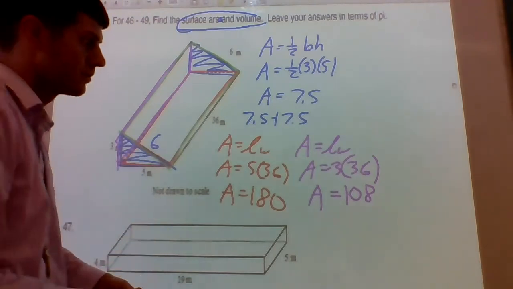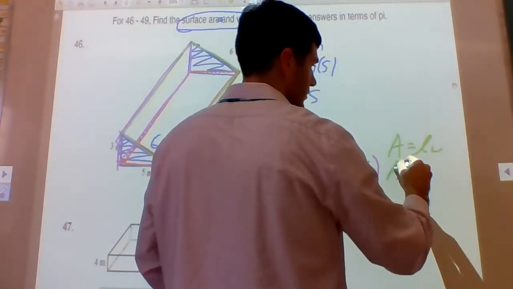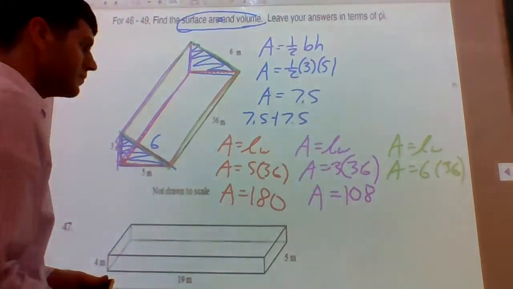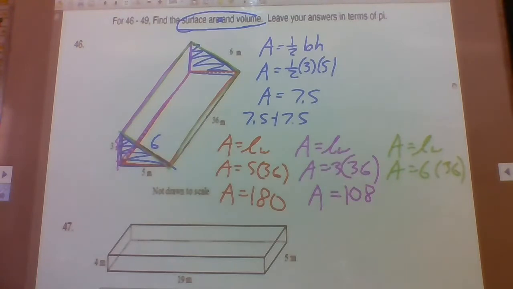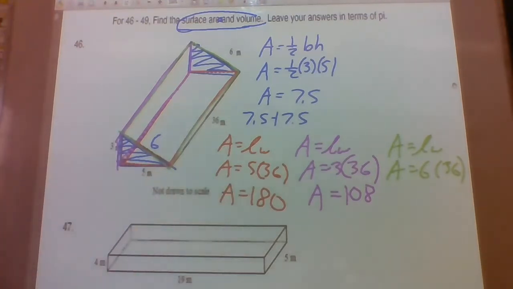We can go with 6. So 6 times 36 is just going to be 216.